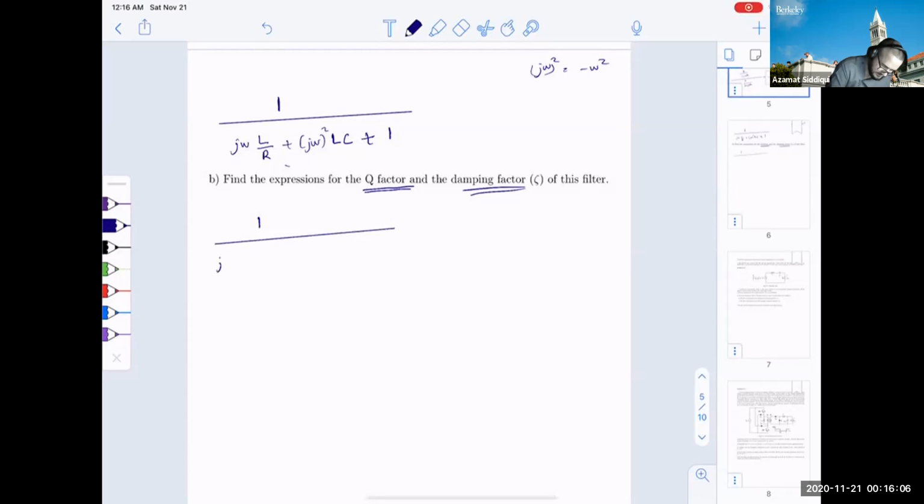So we know that j omega L over R is just going to give us 2 times this psi times 1 over omega naught, plus j omega squared divided by omega naught, plus 1.